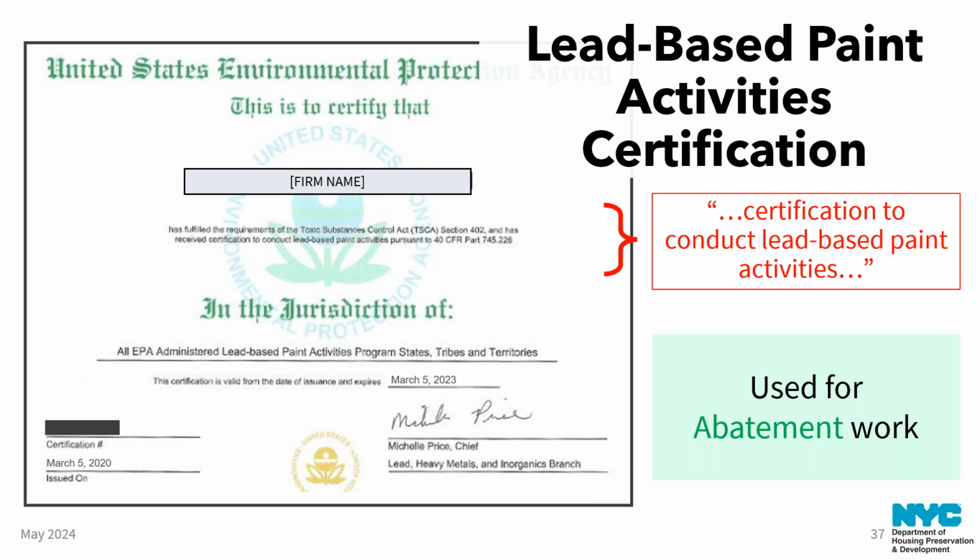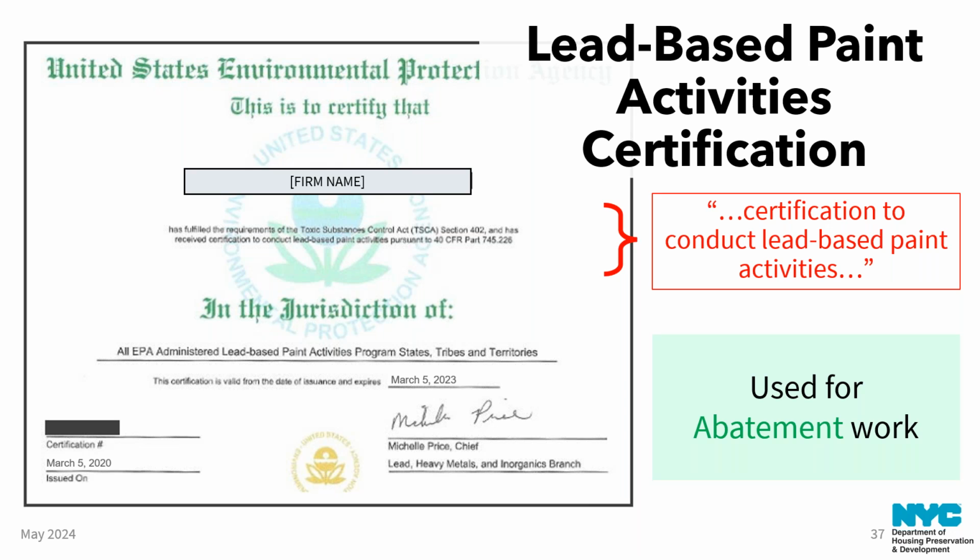You're going to have a certificate like this for the firm, the abatement firm. You'll also have a certificate like this for the workers who do abatement. There's a supervisor certificate, and then there are lead abatement worker certificates. And the supervisor has to be present in order for those workers to do work.